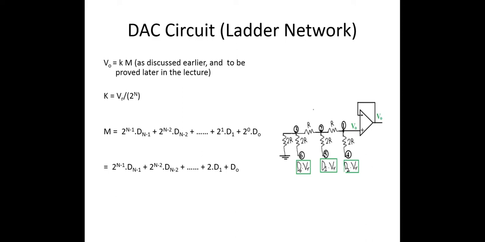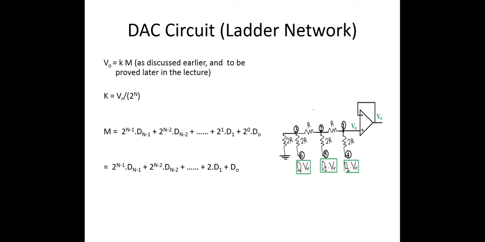So the largest number that we can have will be equal to 2 raised to power n minus 1. This means that the output voltage will always be less than the reference voltage. Whereas the expression for m, the value of the binary number, is given at the bottom of the slide.